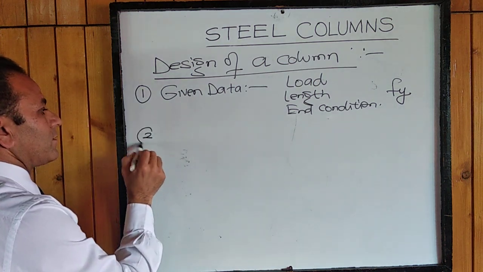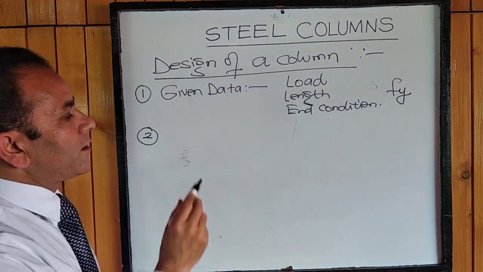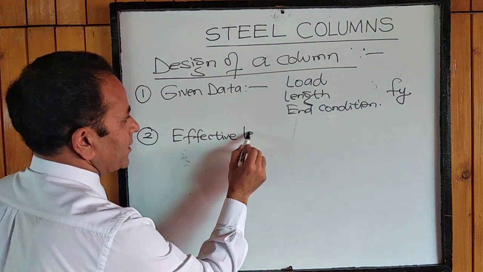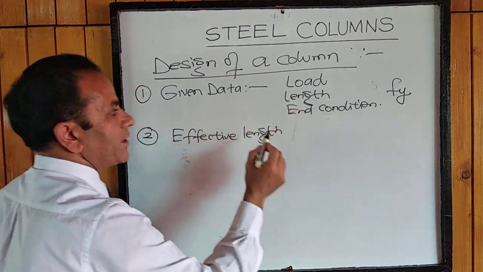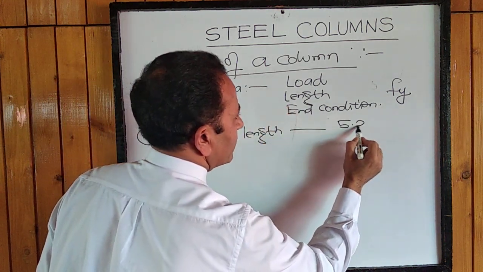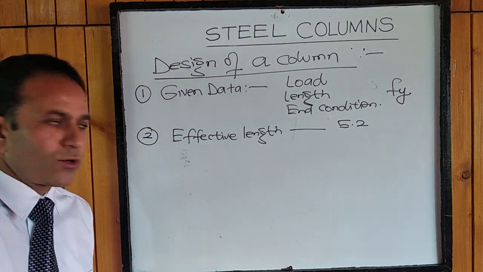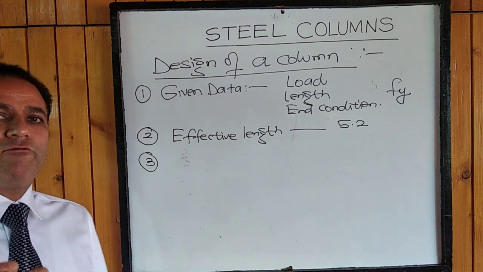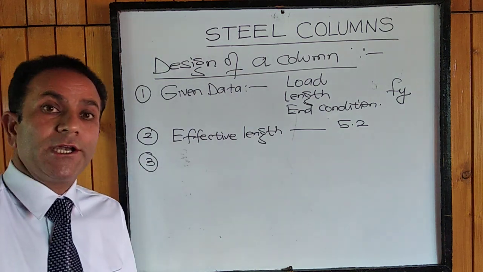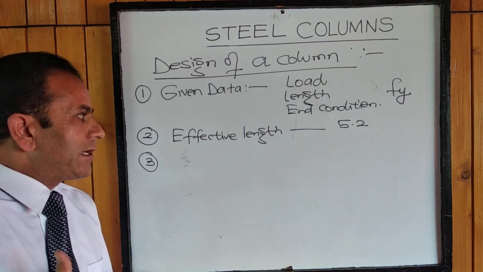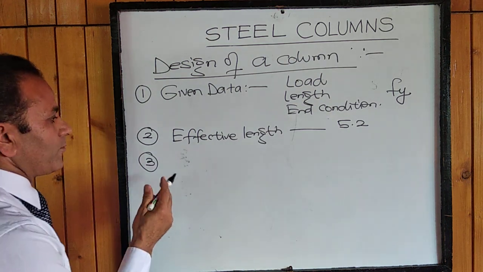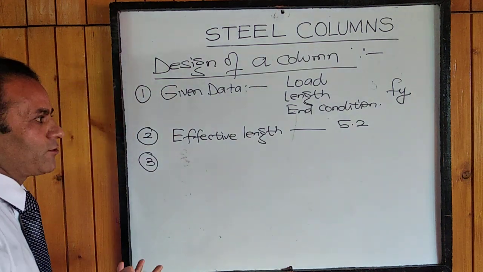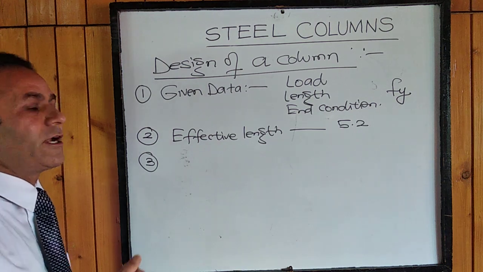After this, first of all, again we come to the effective length. We'll find out the effective length of the column from the end conditions given, from table 5.2. Then we'll have to look for a trial section from the steel table. But for that, we should know the area of the column required. Before that, we should know the permissible stress. We don't have those values right now. We don't have the slenderness ratio, so we cannot go to the table and find out the stress.